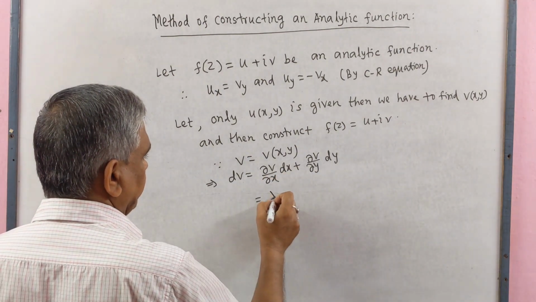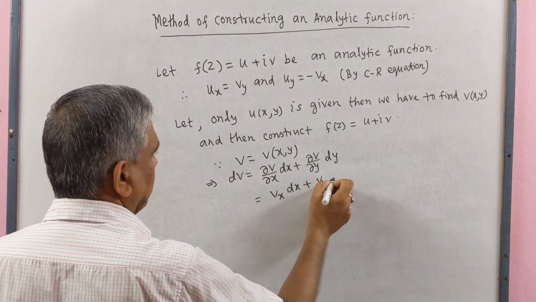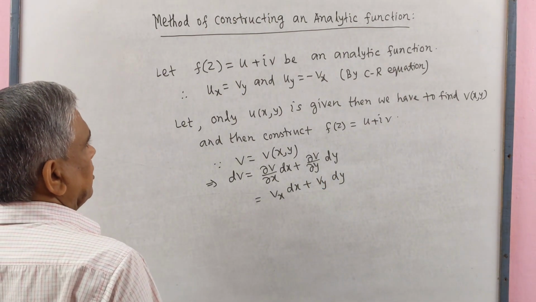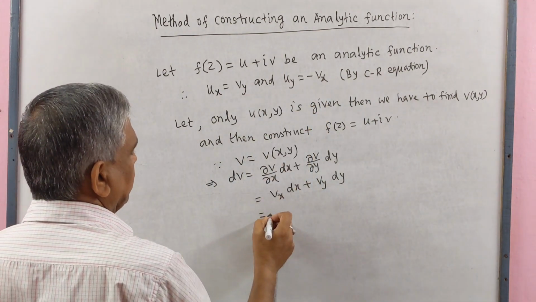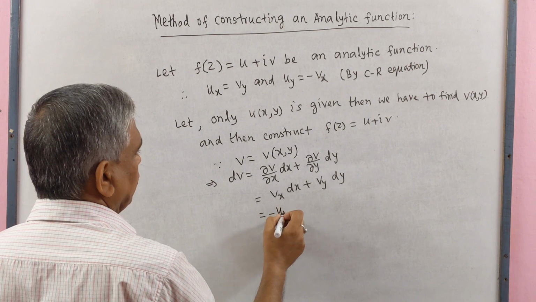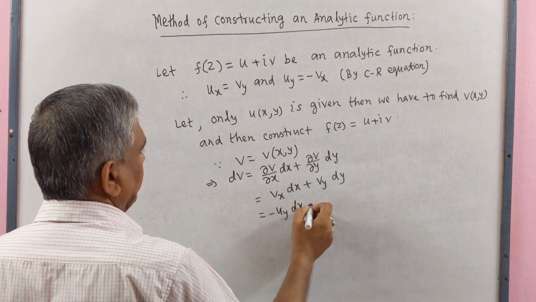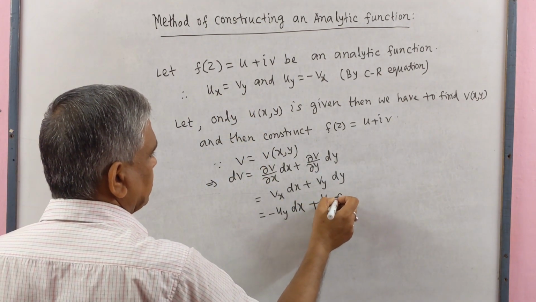This is vx dx plus vy dy. Since vx means -uy and vy means ux, dv = -uy dx + ux dy.